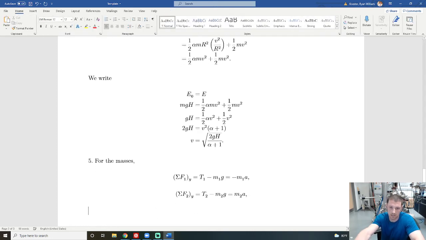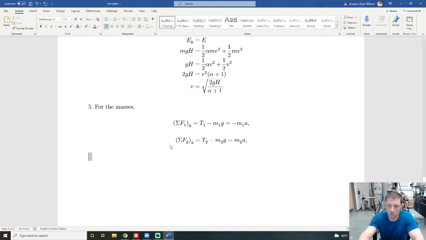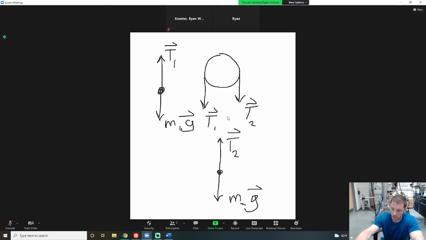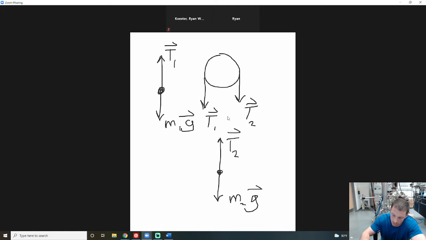And then the last thing to do is the net torque about the pulley's axis of rotation, which we'll just take to be the z-axis as usual. Now, coming back to the diagram here, we see that these tension forces act tangentially to the radius of the circle, right?